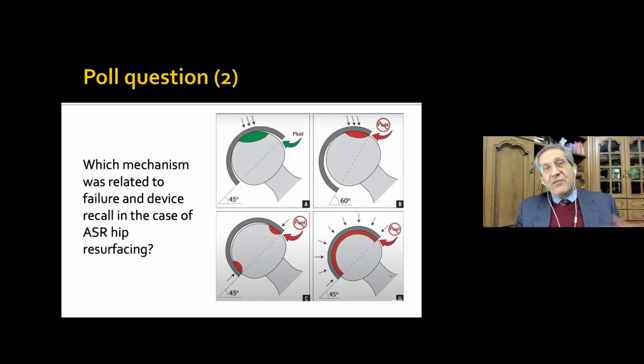Add to that, if the surgeon implants the cup in slightly open inclination, like 60 degrees instead of 45 degrees, as in figure B, then the polar bearing becomes edge bearing, and this increases the stresses, causing lots of wear debris and metal ions coming into the circulation. And in fact, these hips kept on failing in the first 5 years and had to be abandoned in the end. I hope this is clear.